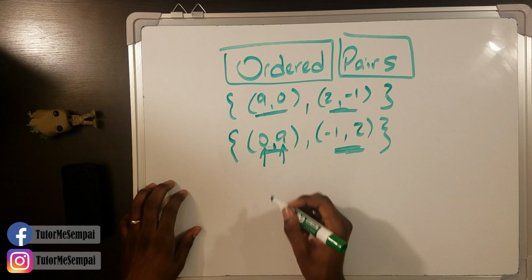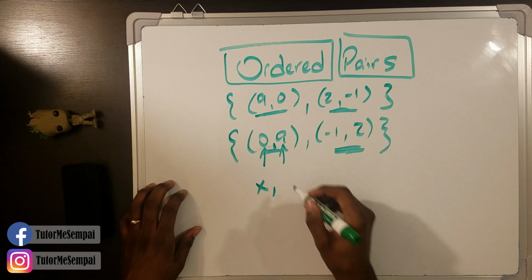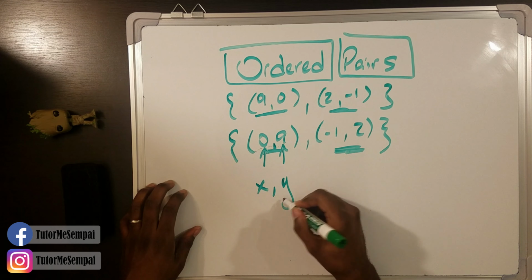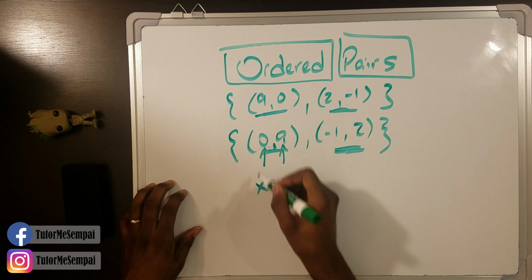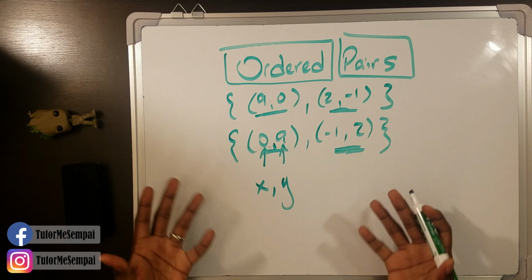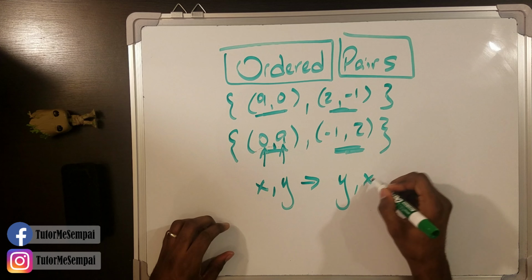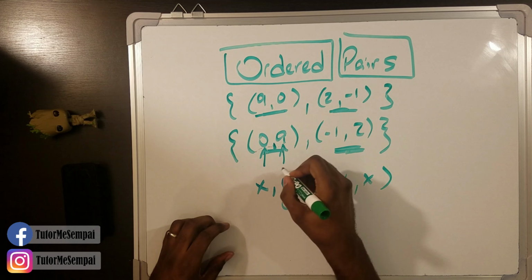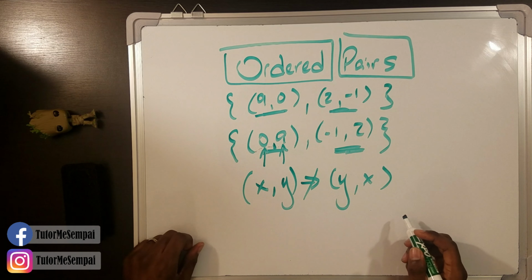This first position represents the X whenever you're graphing. And this second position represents the Y whenever you're graphing. So this X right here and this Y right here, if you were to swap them, you'll see you're not necessarily guaranteed to get the same result. That is not always going to be this.